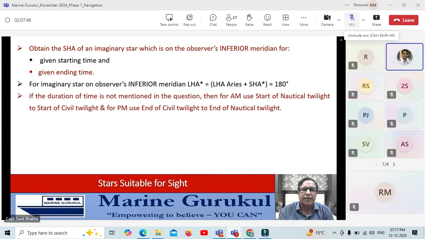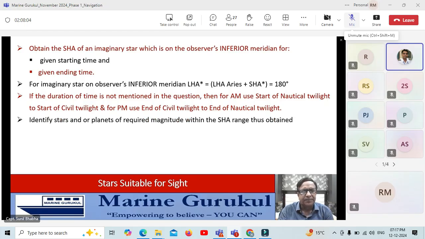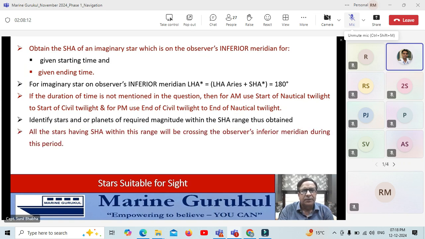If the duration, like the previous case, is not mentioned in the question, then for AM, the interval shall be between the start of nautical twilight and the start of civil twilight. And for PM, it shall be the end of civil twilight to the end of nautical twilight, which has been explained earlier. Identify stars and planets of the required magnitude within the SHA range thus obtained, like the previous case.